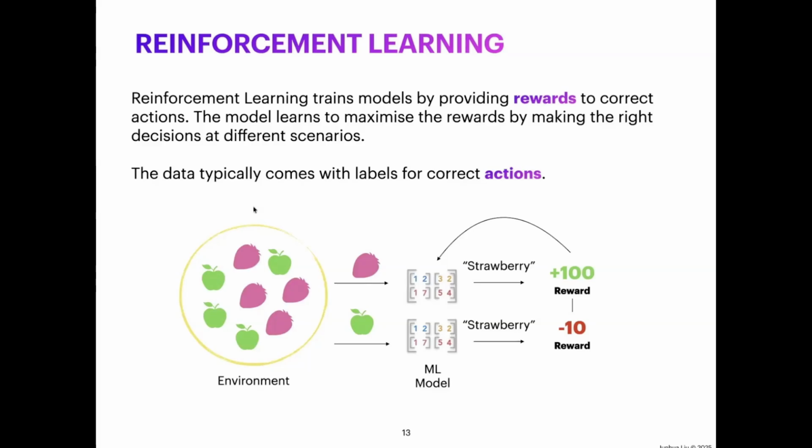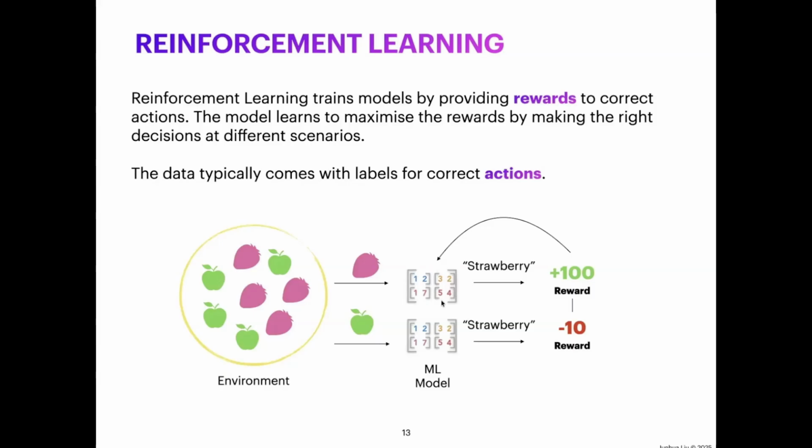Using the same example, we put all these observations together as an environment. When this machine learning model sees an example, it will take an action, right? Let's say the action space, the set of actions this model can take, has two actions: one is to guess strawberry, the other is to guess apple.